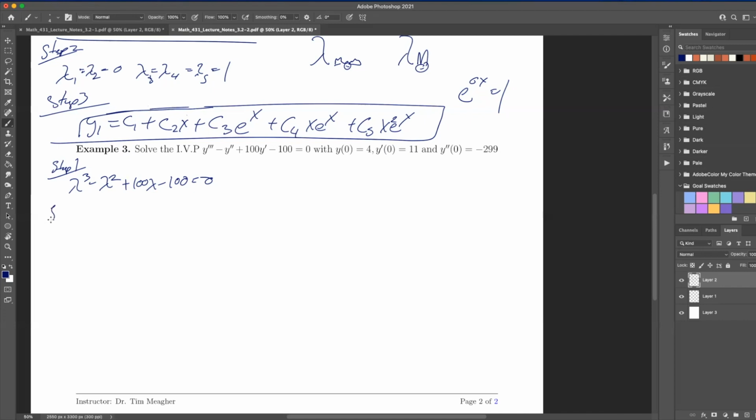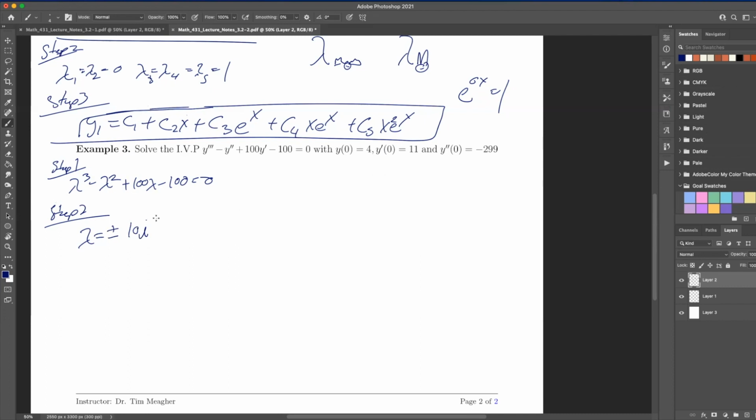Step two, what do we get here? Our answers are going to be lambda equal to 1 and plus or minus 10i.